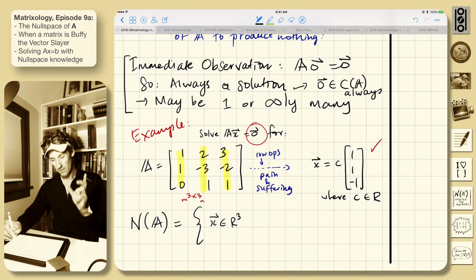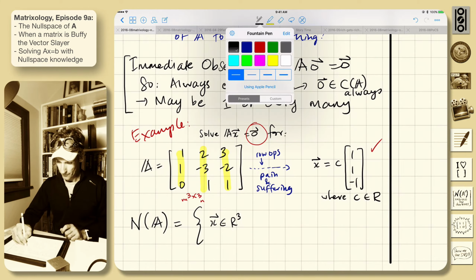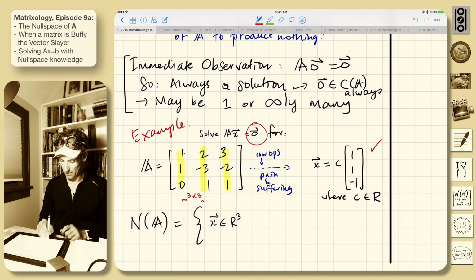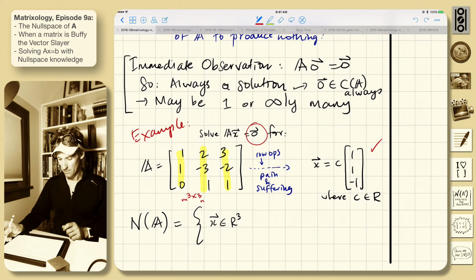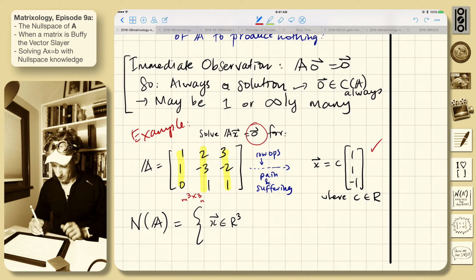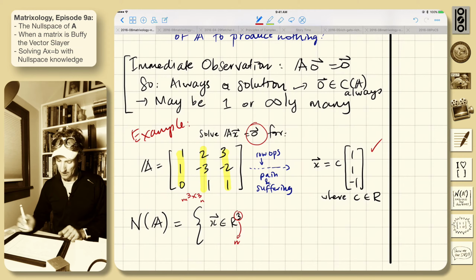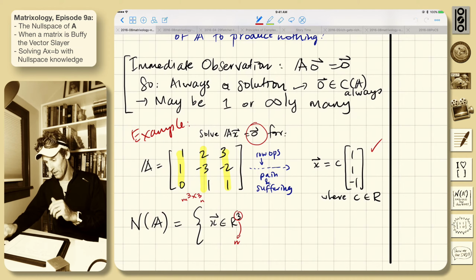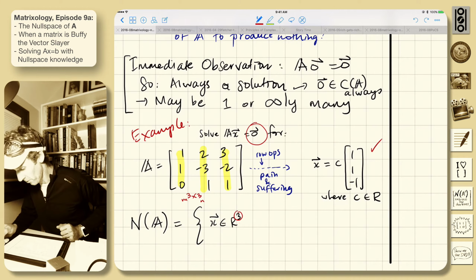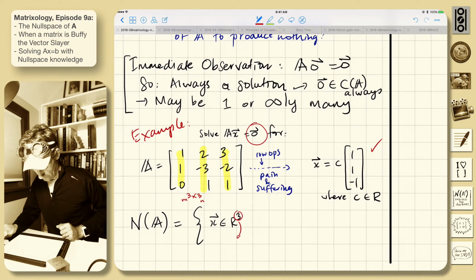Actually, X lives in Rn. It's the number of columns. The length of X is the number of columns. So this is N. In general, it's a 3 by 3. We'll soon get to a 3 by 4, which will give us some more examples.